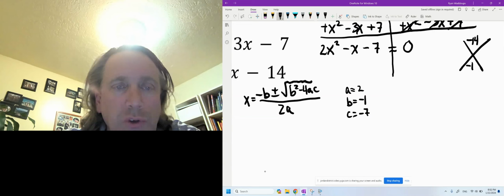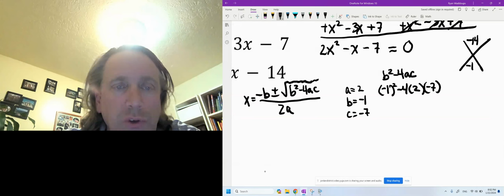First, I'm going to find the discriminant, b squared minus 4ac. The part under the radical is the discriminant. So I'm going to say b squared minus 4 times a times c, and then I'm just going to substitute. B is -1, so I put the -1 in parentheses. A is 2, and c is -7.